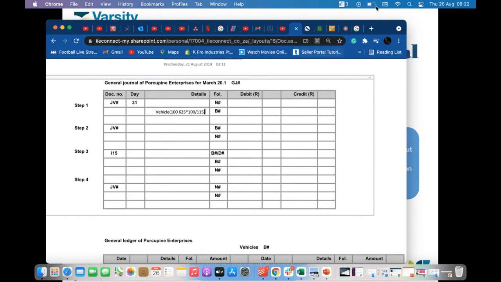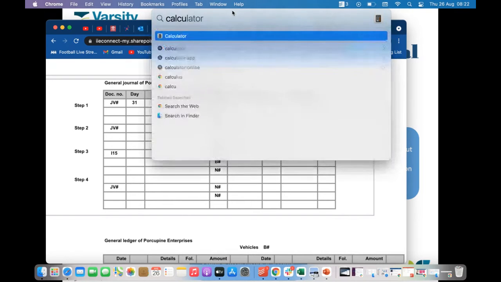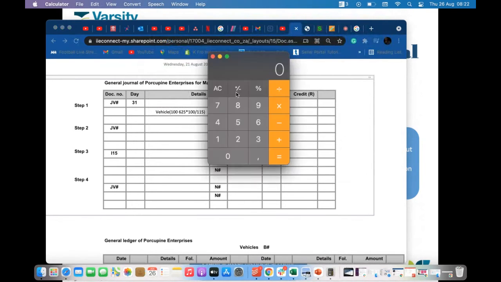Where's my calculator? So we're saying 100 divided by 115 equals, and then times 100,625. And what do we get?